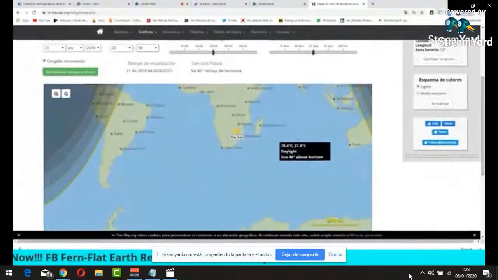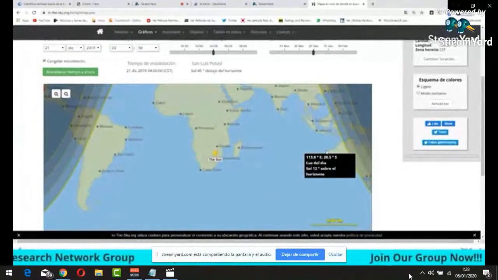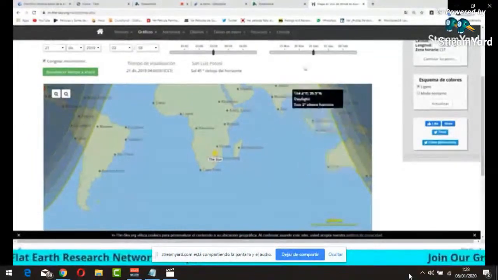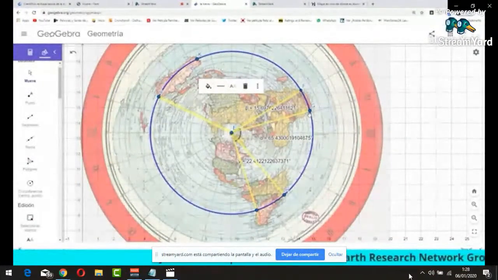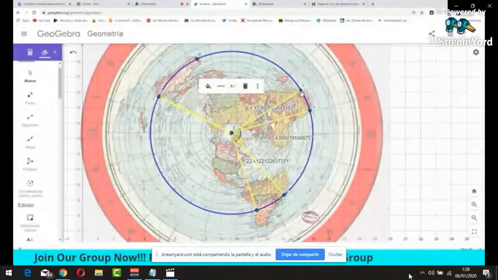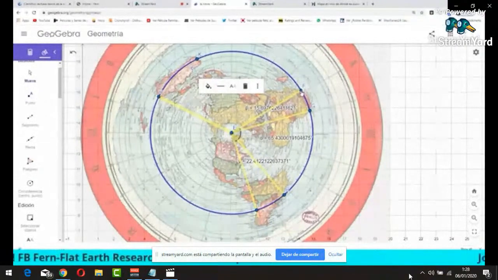Yes, but let's go step by step, so people understand what the next movement is. The first thing is that we put in the places where they see the sun, the observatories.